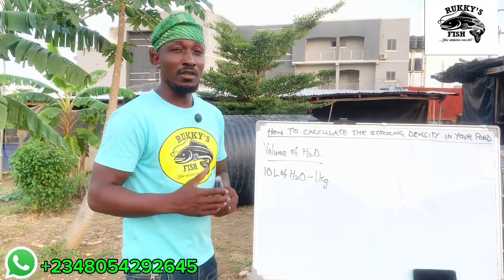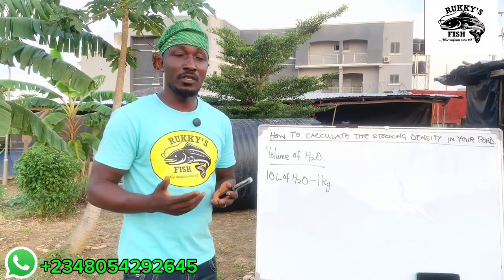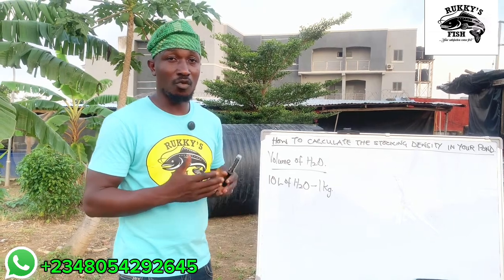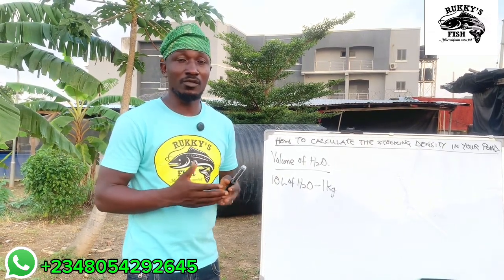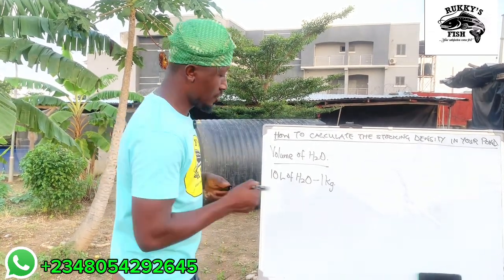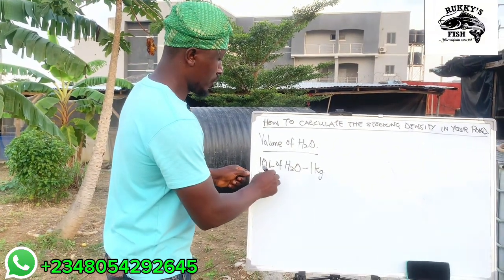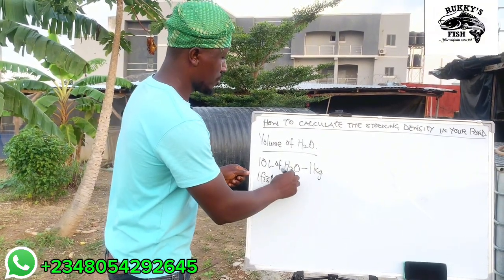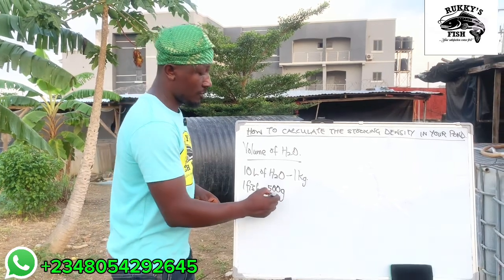Having established this, what's your target at the end of the day? Do you want to raise melange sizes or you want to raise table sizes? So if you want to raise melange sizes, it means one fish is to hit 500 grams. All right, so we are using 500 grams.